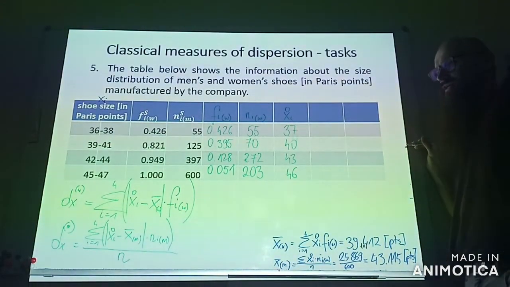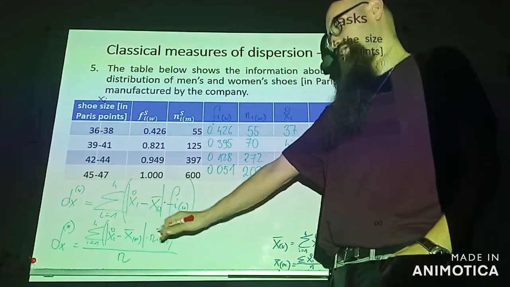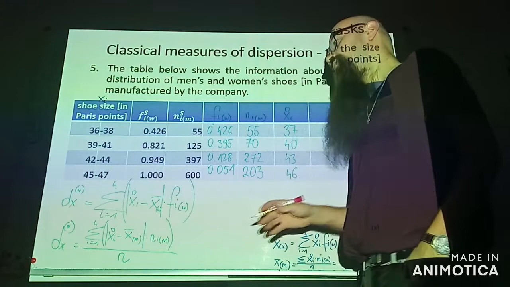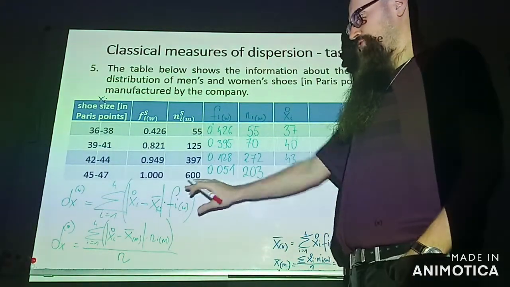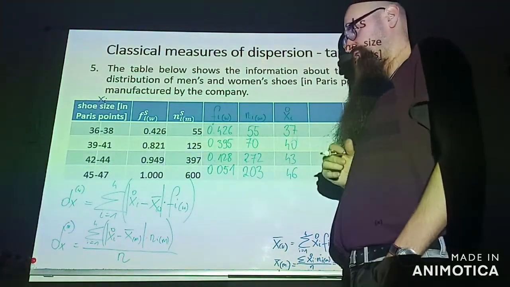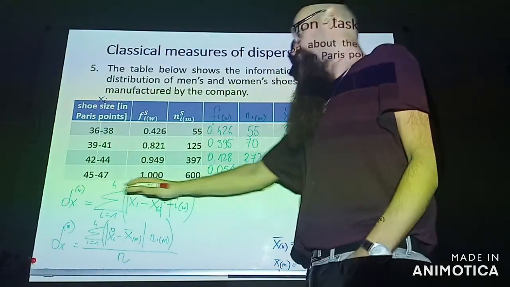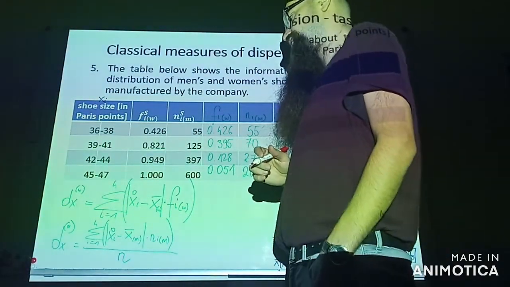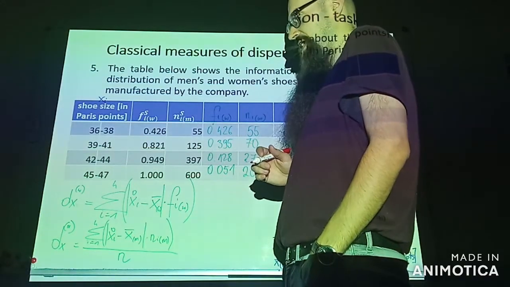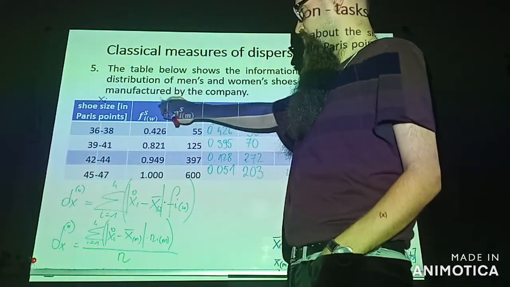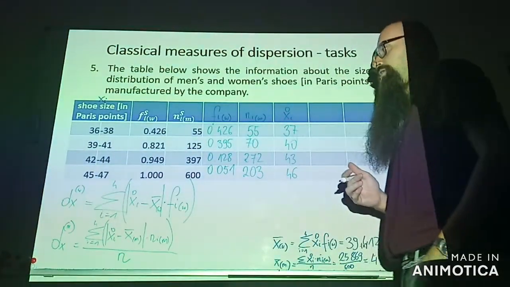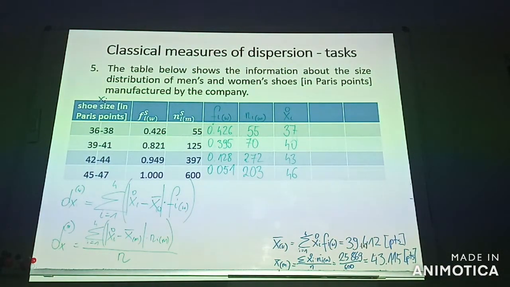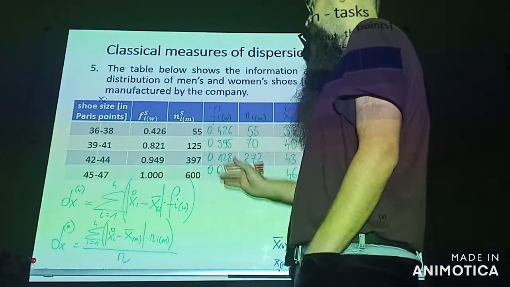All right, come on, let's compute mean absolute deviation of women's and men's shoe size. We are going to use these formulas. The first formula is especially dedicated to the women's shoe size because, as you can see here, the data about the women's shoe size is presented by the relative frequencies.